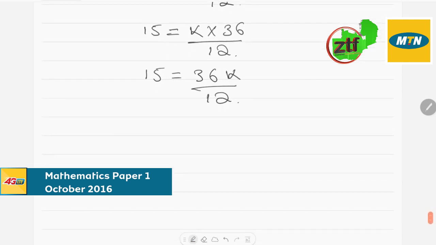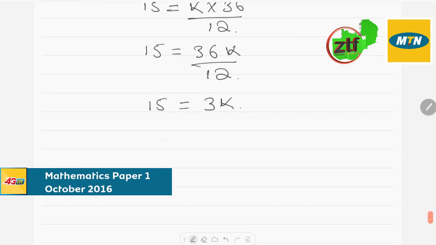We can simplify the right hand side because 12 goes into 36 three times. So we have 3k, and our equation can be written as 3k is equal to 15.